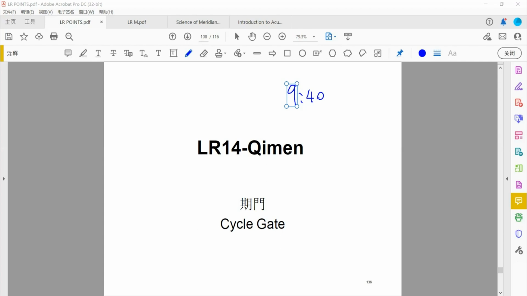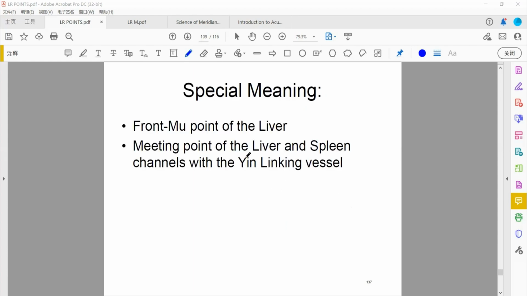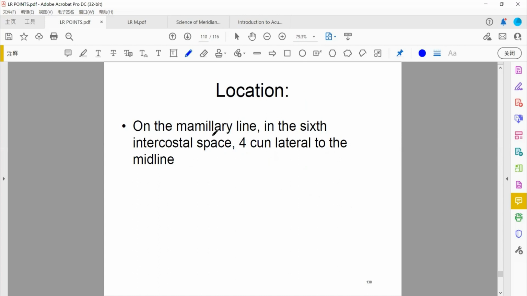Okay, let's start. Qi-men, the last one. Liver 14, Qi-men. From a point of the liver. Meeting point of the liver, spleen and yin linking vessel. On the mammillary line in the 6th intercostal space, 4 cun lateral to the midline.